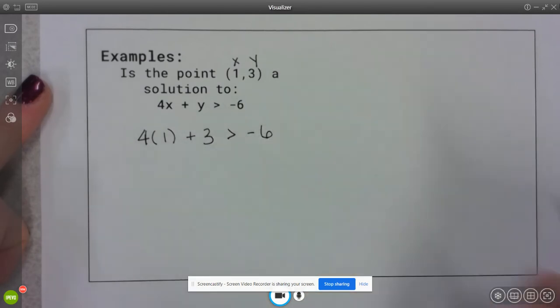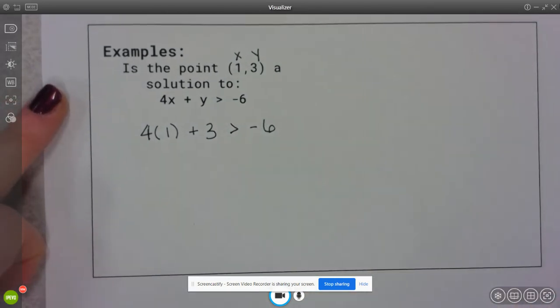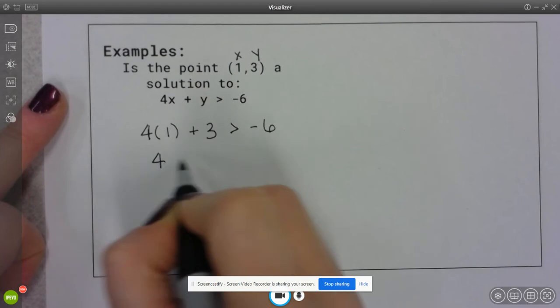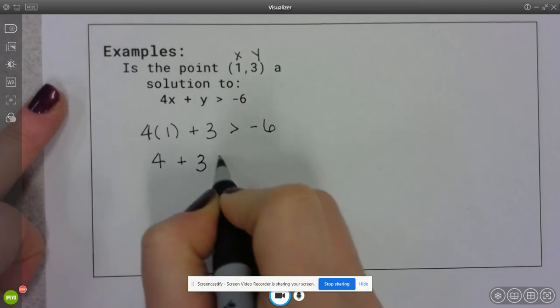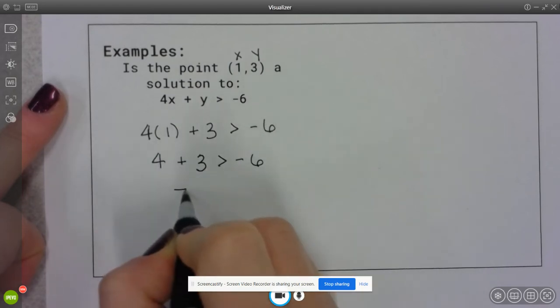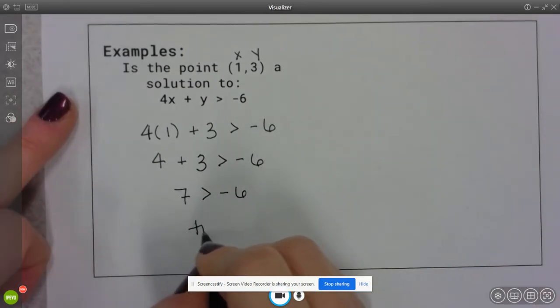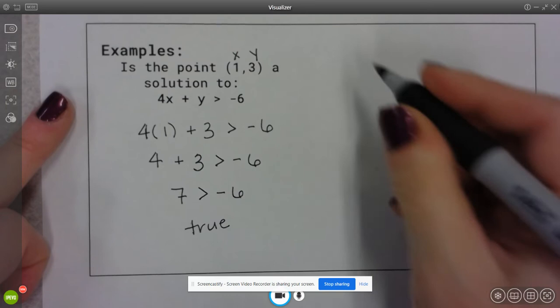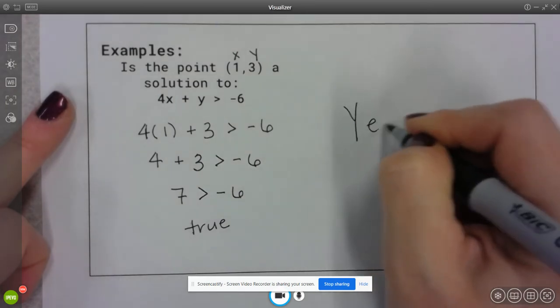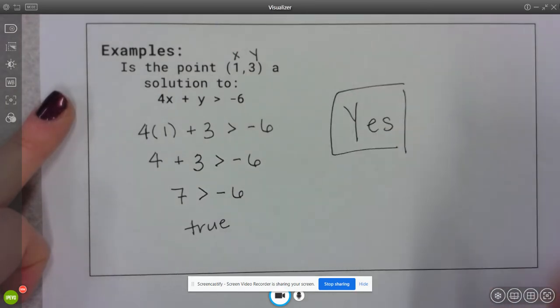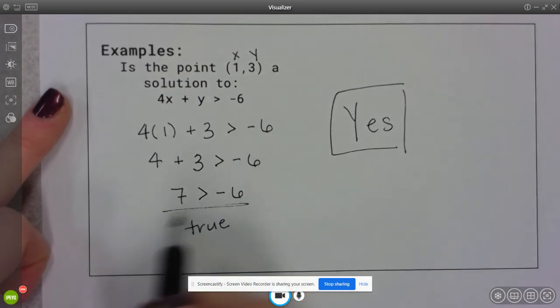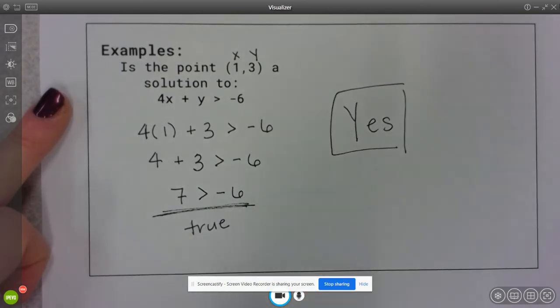And I have to determine if that is in fact greater than negative 6. Well, that would be 4 plus 3, which would be 7. This is true. So our answer is yes. It is part of our solution because this statement, when I substitute x and y, is true.